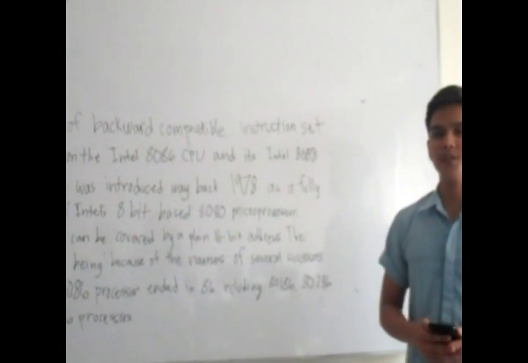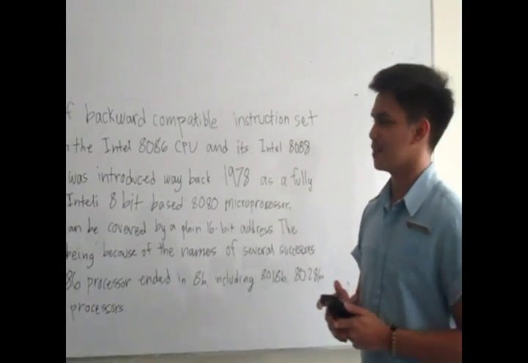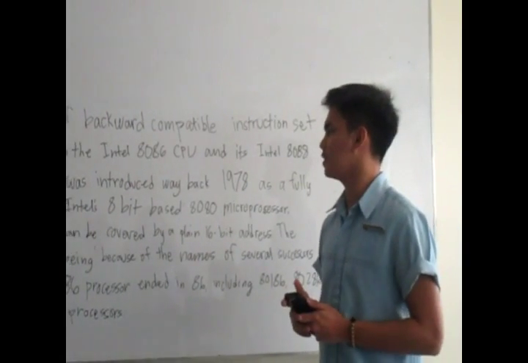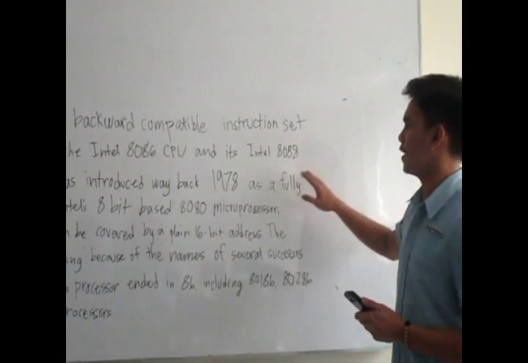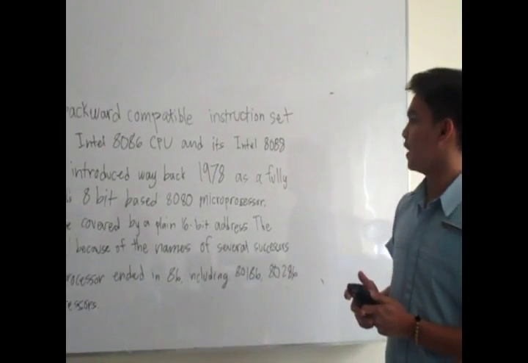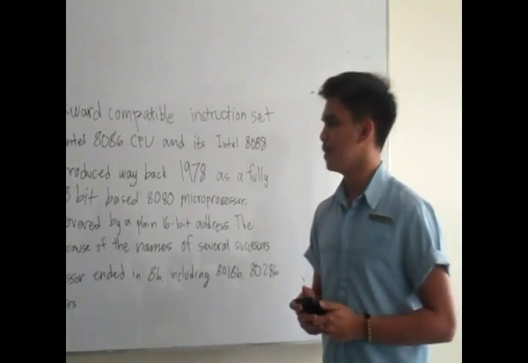Okay, so now let's proceed to x86. What is x86? It is a family of backward compatible instruction set architectures based on the Intel 8086 CPU and its Intel 8088 variant. The 8088 is actually just a slower version of the 8086 CPU.